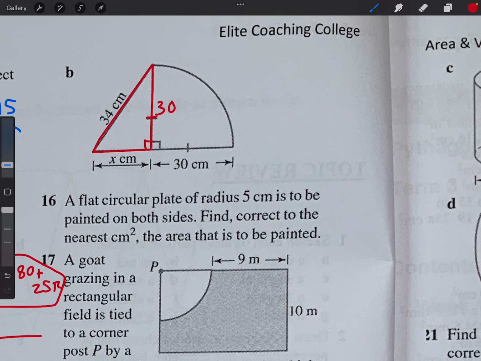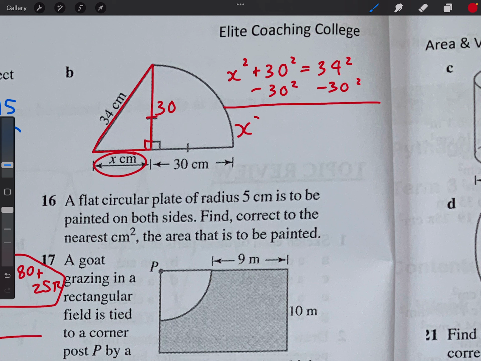So we have x squared plus 30 squared is equal to 34 squared. So we're going to take away 30 squared from both sides. So you're left with x squared is equal to 34 squared take away 30 squared.